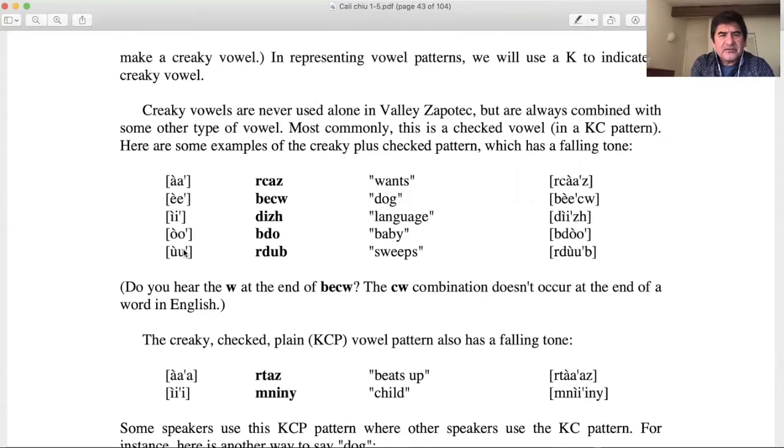So let's start right away with those words. Listen carefully, please, so that you can identify the creaky vowels in this word. It is pronounced rkas, rkas. And I'm going to continue. Back, back.